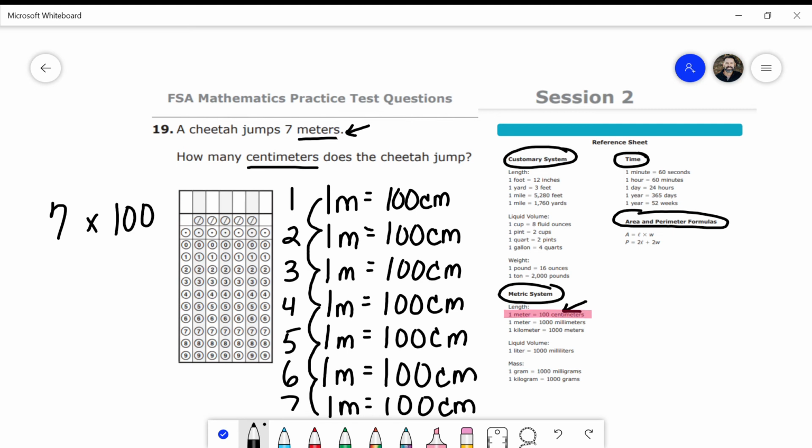And so multiplication is just repeated addition. We're repeating the 100 7 times. You can see that 100 was repeated 7 times right here on the side. And so 7 times 100 is just 700 centimeters.